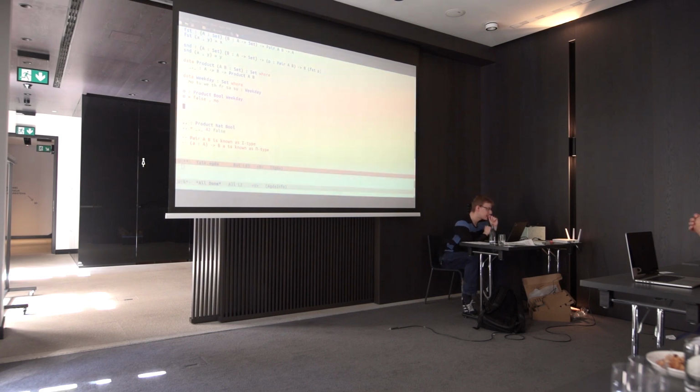Okay. Here is another point. Suppose I have a pair, and this pair is equal to true and 42. Okay, a dependent pair. What will be its type?